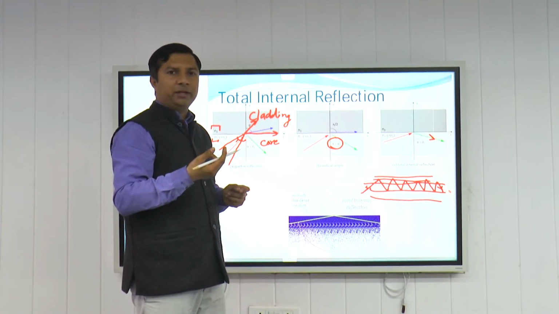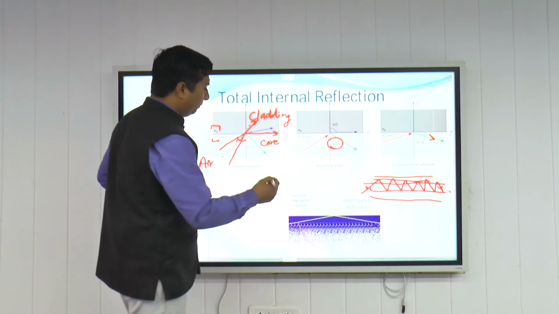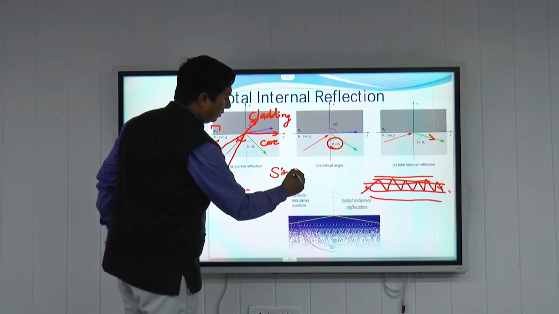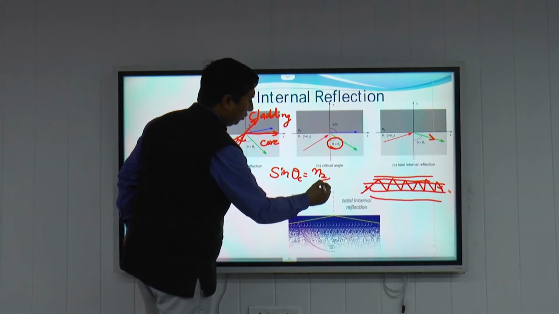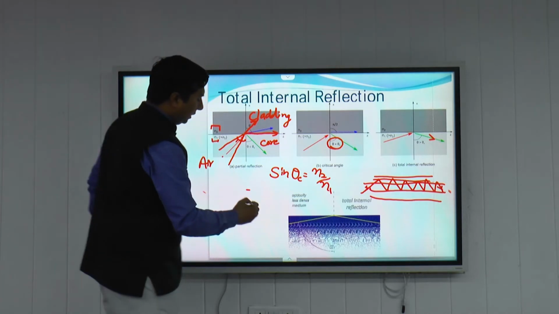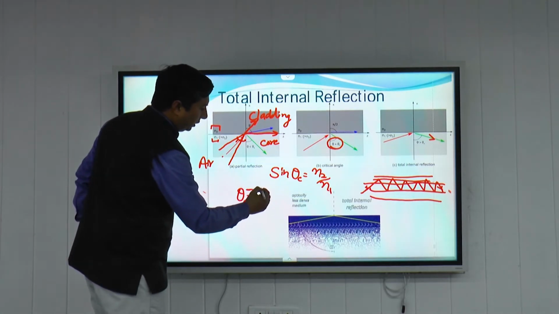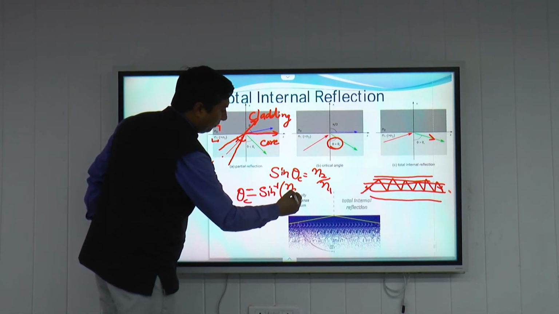We can calculate what that critical angle should be. Very simple. Sin theta c is equal to n2 by n1, and theta c is equal to sine inverse of n2 by n1.